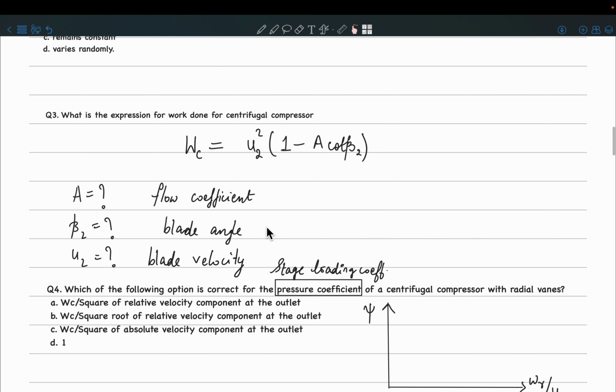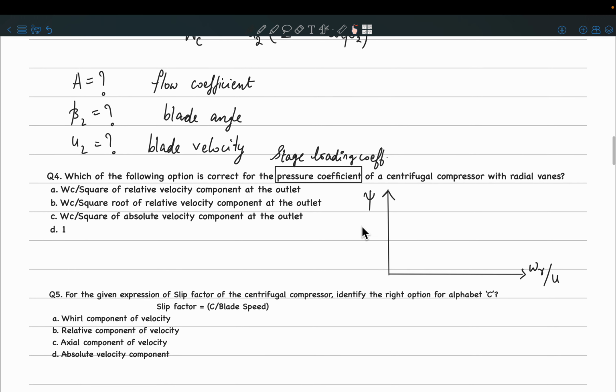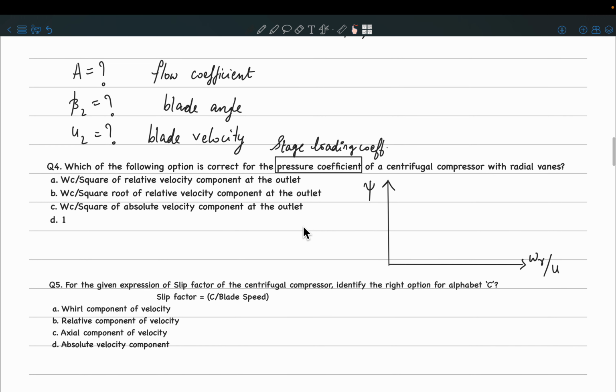Okay, now which of the following options is correct for the pressure coefficient, which is nothing but the stage loading coefficient, for a centrifugal compressor with radial vanes? So what happens in a radial vane? What is a radial vane?